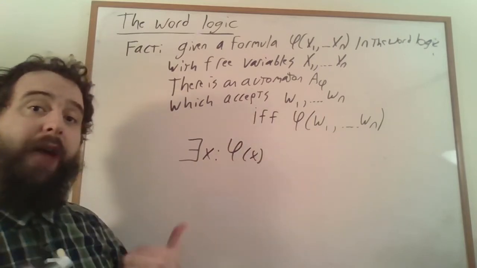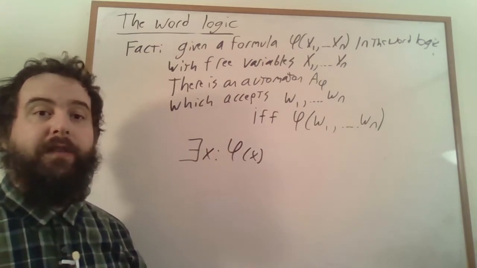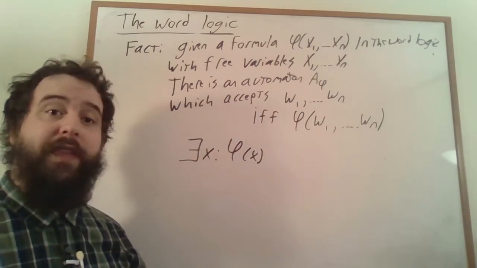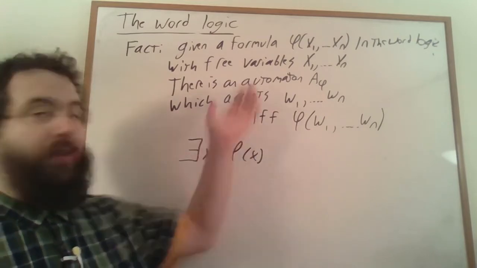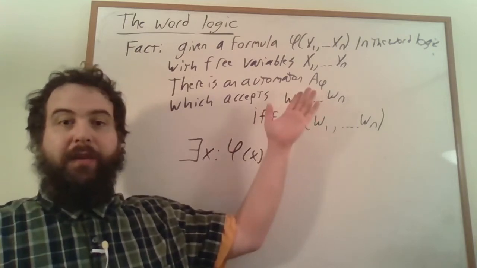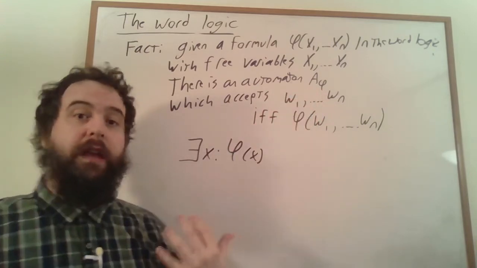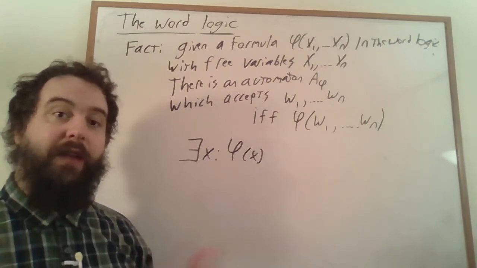Taking a step back, what we've done is we've worked out a way to take a formula with no free variables in it and determine whether or not that formula is true or false in the word logic by simply turning it into an automaton and checking to see if the automaton that we've constructed recursively has its start state as an accept state or not.